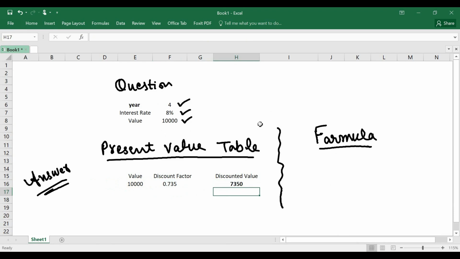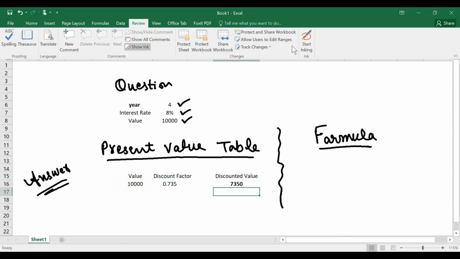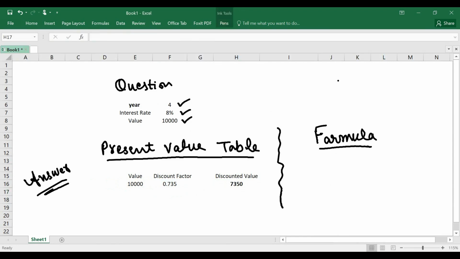Now we will solve this example using the formula, and we know that our formula is (1 plus r) to the power of minus n. Let's solve it according to this formula. We have 10,000 as a value, then we want to multiply it with that formula, for example 1.08, or 1 plus 0.08, to the power of minus the number of years, 4.